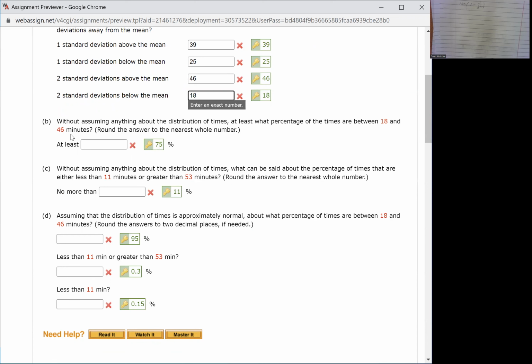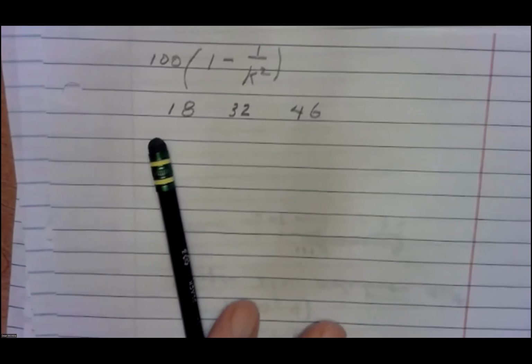And we have 18 now and 46. And our mean, I think, was 32, was it not? And our standard deviation is 7. So now let's go to the document camera.